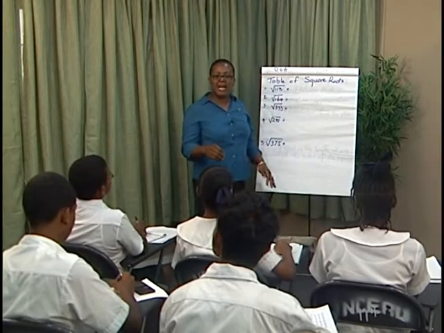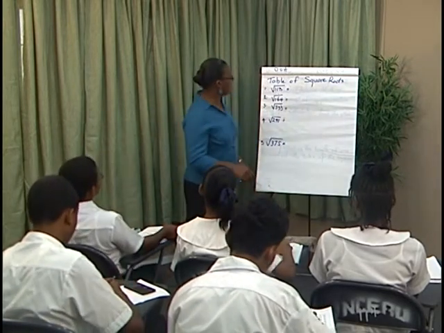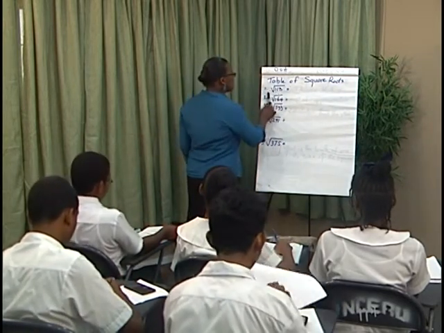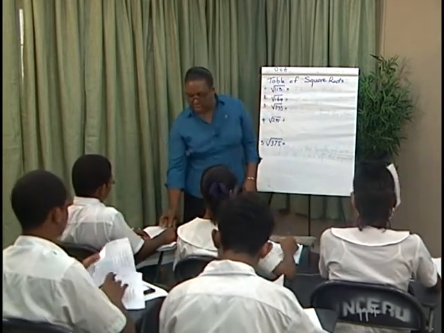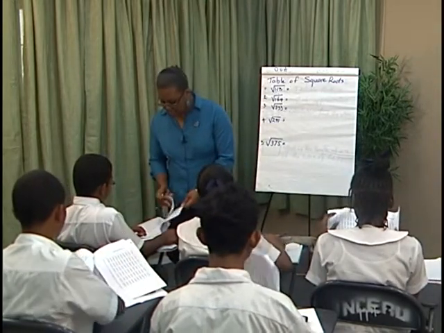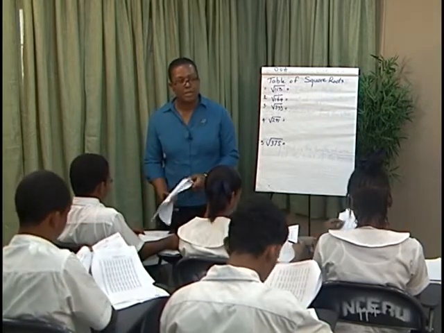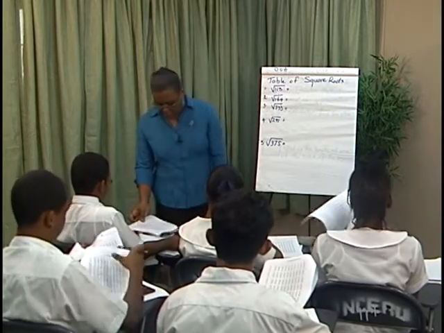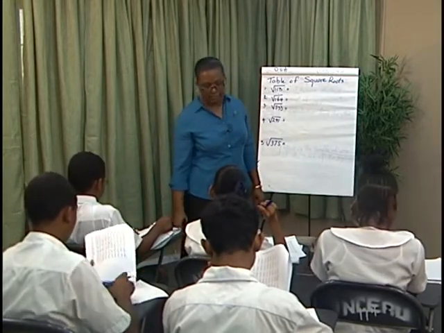Now, just as we had a table of squares, we also have a table of square roots. So we're going to find, first of all, the square root of 1.13. So you're going to turn your sheet again. And on page 256, you're going to have square roots from 1 to 10 there.